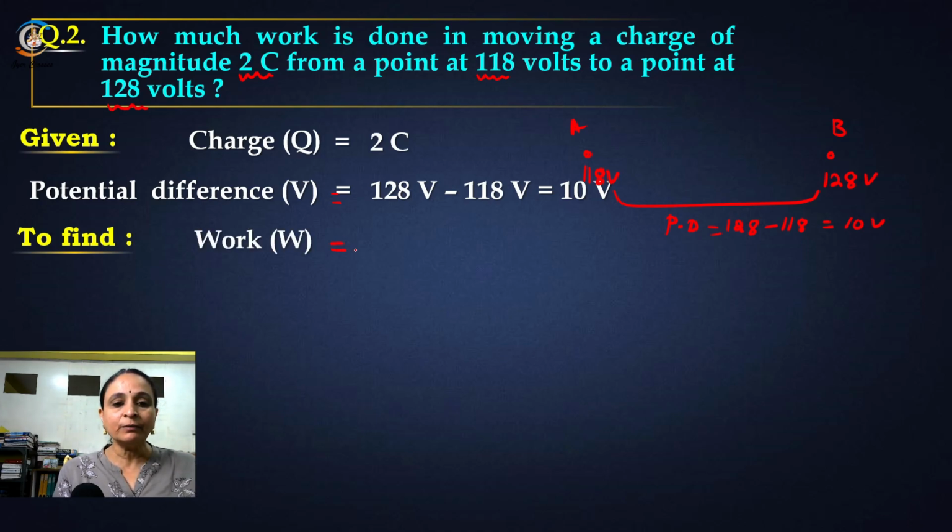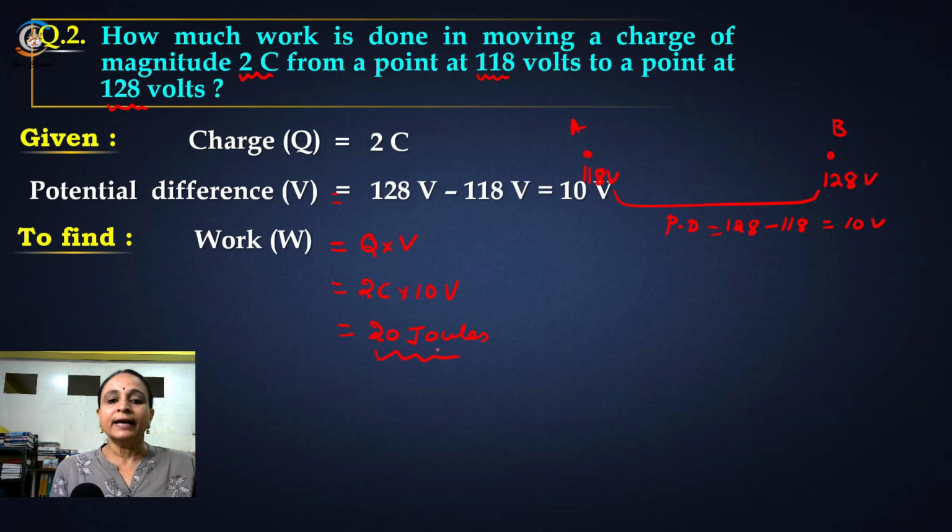We know what the formula is. It is equal to charge multiplied by the potential difference. Okay, so what is the charge we have got? It is equal to 2 coulombs and the potential difference is equal to 10 volts. So if you multiply these two, 2 into 10, that is equal to 20. But what is the unit of the work? That is joules.